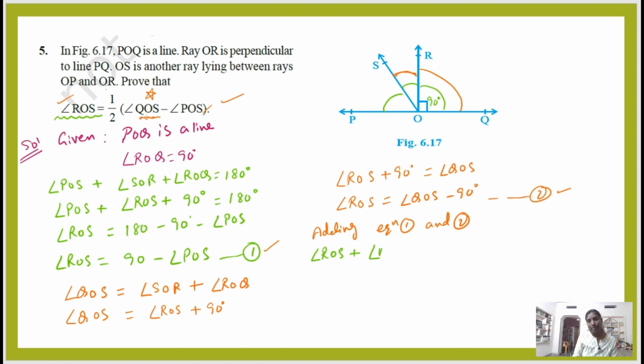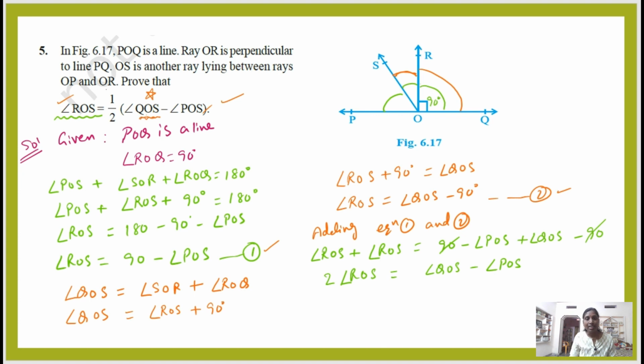Angle ROS plus angle ROS is equal to 90 minus angle POS plus angle QOS minus 90. Now angle ROS plus angle ROS is 2 times angle ROS, is equal to; plus 90 minus 90 will get cancelled. We can write it as angle QOS minus angle POS.